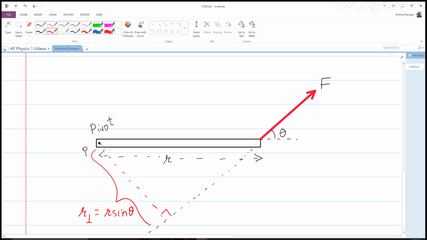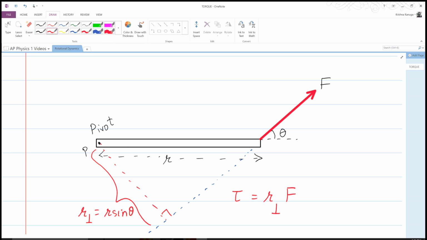So this definition actually makes life very easy in a lot of cases. We can write tau also as R perpendicular times F, which is simply the perpendicular distance of the force from the pivot. In the first example that we will solve, we look at the advantage of this particular definition.